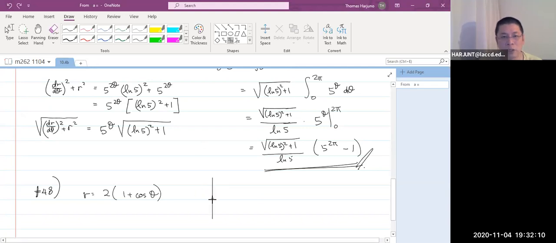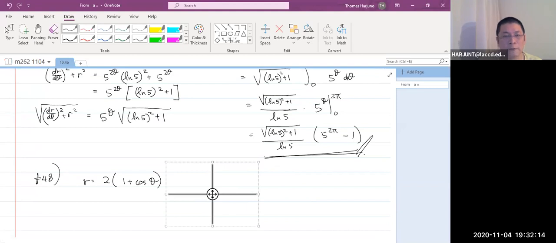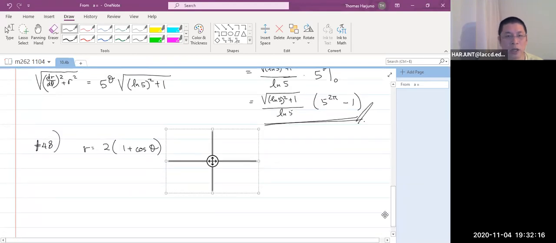When theta equals 0, that will be 4. When theta equals pi over 2, that will be 2. Yeah, that's a cardioid.